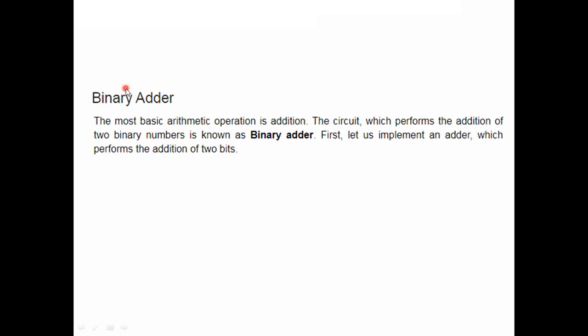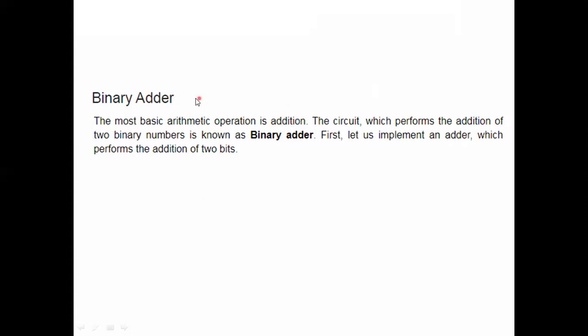Okay, Amma. Here adder means, if you are taking the arithmetic operations, what are the arithmetic operations? Generally we take addition, subtraction, multiplication, division. These are all arithmetic operations, isn't it? Okay, Amma. So ikkada manam first we are taking the addition. Okay, first we are taking the addition operation.